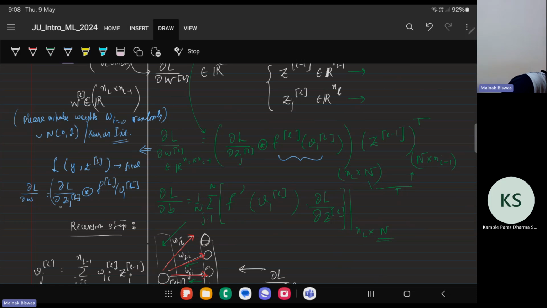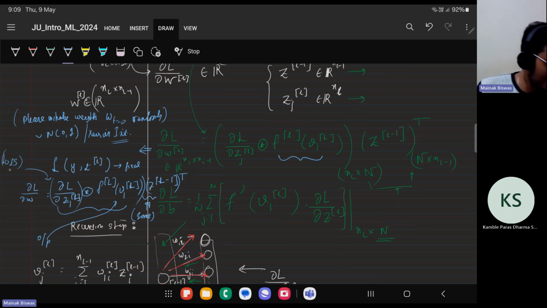And this is nothing but directly with respect to the loss, multiplied by ZL minus 1 transpose. So if all the weights were the same, then this output would be the same. This is also dependent on the output, and this would be dependent on the loss.